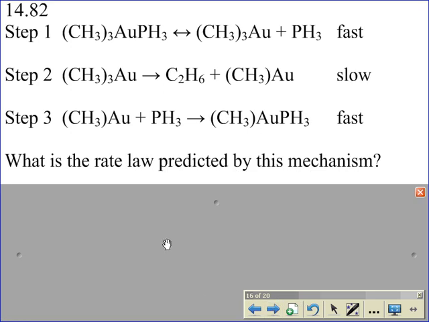So to get to the rate law, we just have to do the rate law for the slow step, but it cannot have an intermediate.